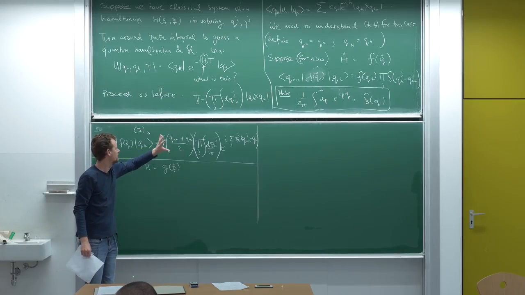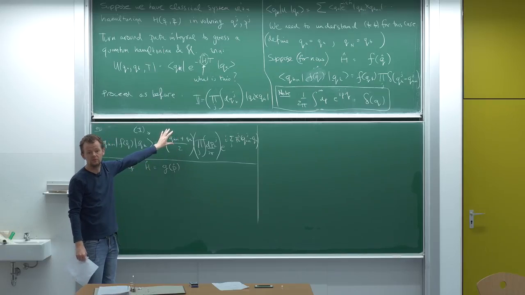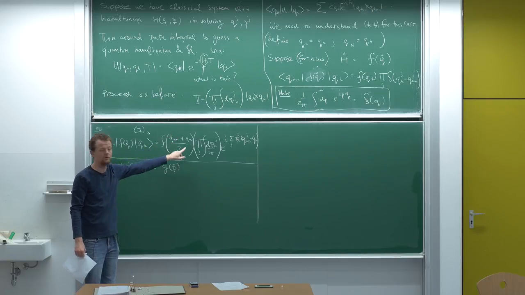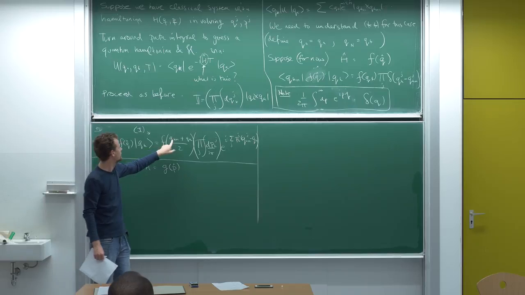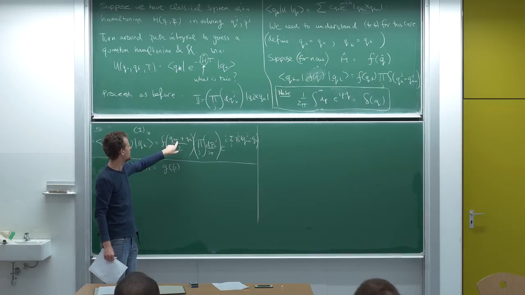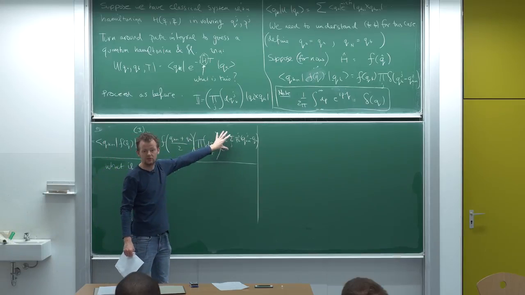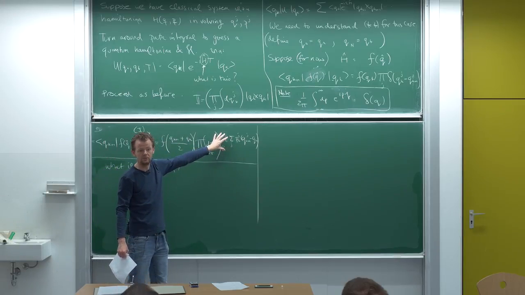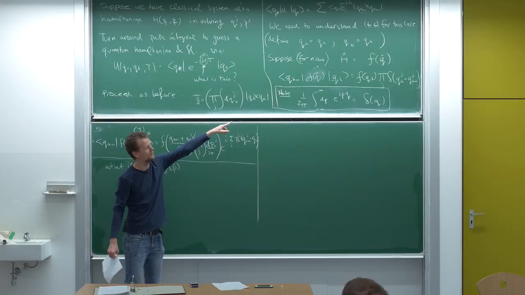You just take the product of all these terms and sum over all the values of q. Just note that this peculiar looking f of q of k plus 1 plus q of k, because of the delta function here that forces q of k to equal q of k plus 1, is actually equal to just f of q of k.